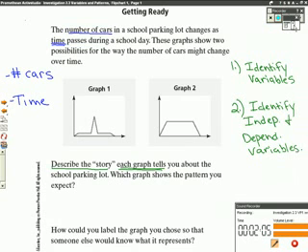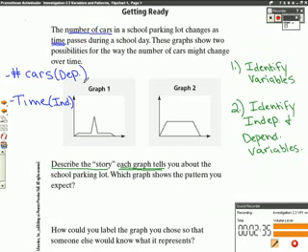If you remember, we've been saying this over and over again: time is always going to go on the x-axis, because time is something that we can't stop. Number of cars we can stop. We can actually control that if we so chose. But time we cannot control, so it's going to completely regulate how many cars are there. So time is my independent, number of cars is my dependent.